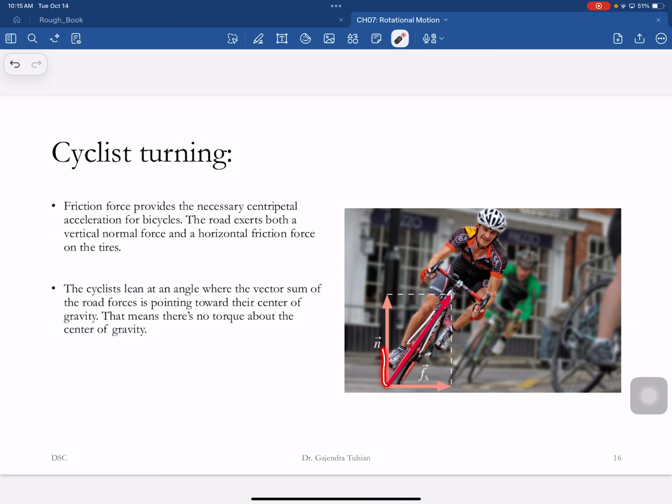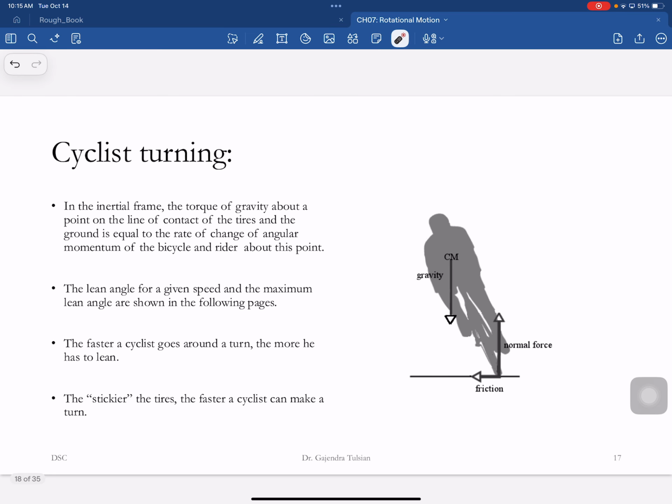Here's the normal force that's balancing your weight, and here's the friction force that's providing you the centripetal force so you can go in a circle. You have to lean in such that this friction force is equal to that side, the normal force. That's the angle of your lean. We'll give you the precise angle in a second.